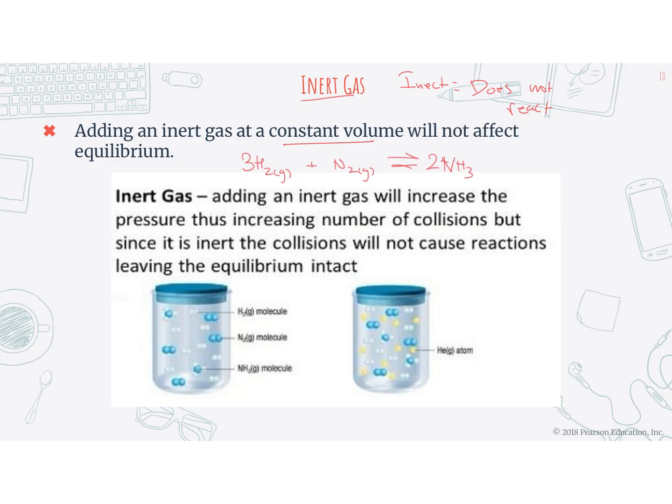If I throw in, for example, helium gas, this does nothing because it doesn't react and it doesn't affect the equilibrium in some way. So just throwing in any sort of gas isn't going to do anything. You need to throw in a gas that will actually perform the reaction.